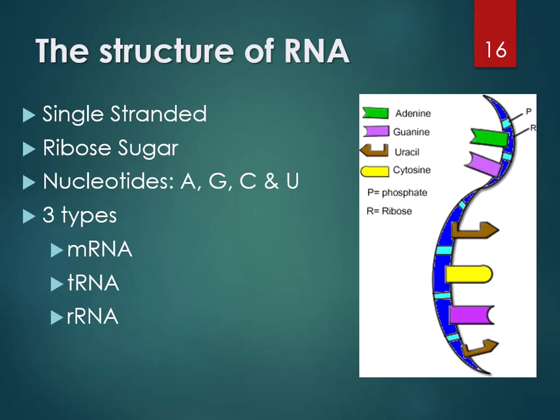There are two other types of RNA that all our cells make. tRNA. The T stands for transfer, and it is going to be carrying or transferring the amino acid to the ribosome. And rRNA, which makes up ribosomes. Hopefully you remember that ribosomes are where protein synthesis takes place.